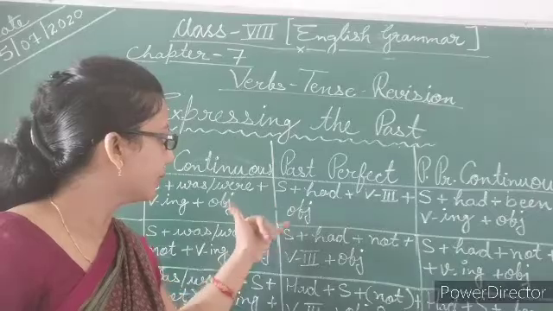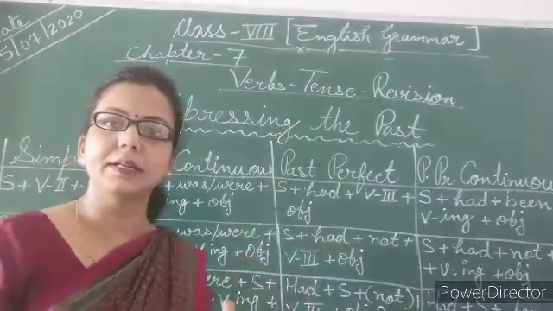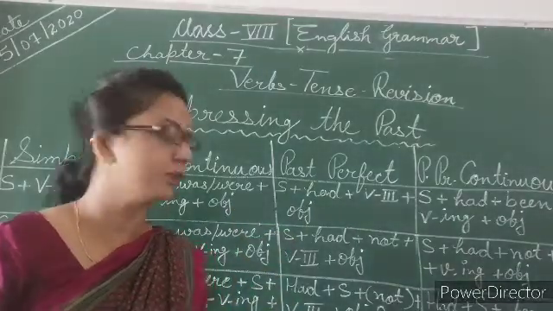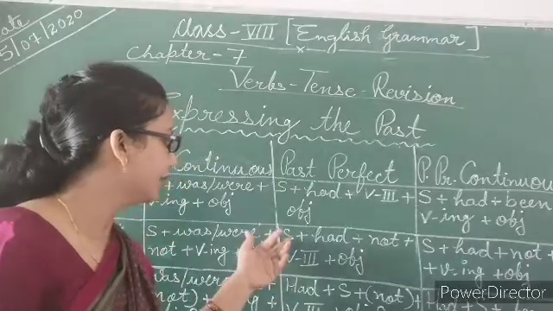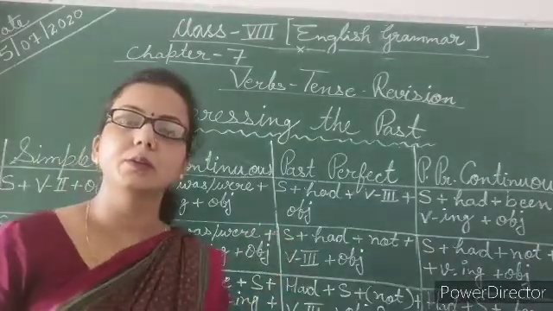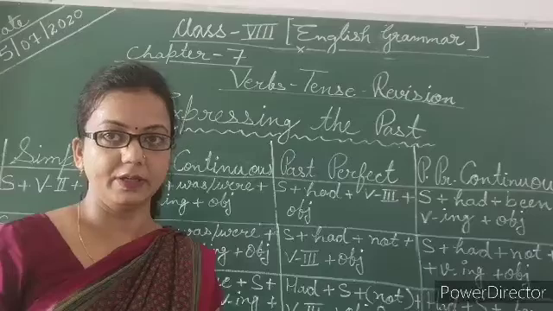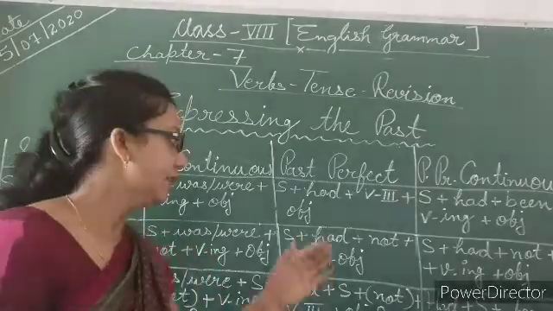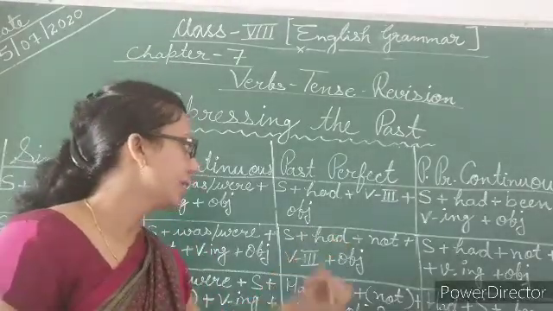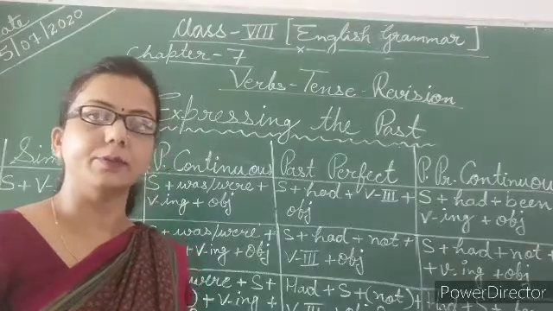Next, if we talk about negative, as I have told you earlier also, just add the word not. What is the location of not? In between had and the verb's third form.